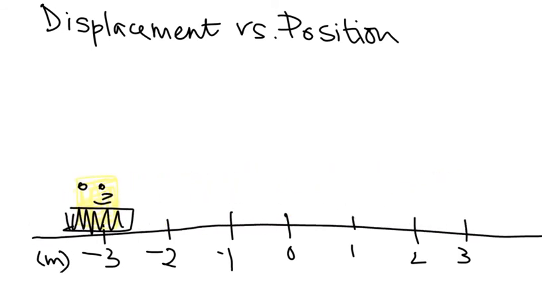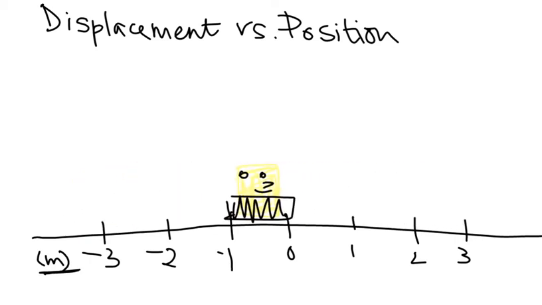And on this number line, we've designated meters, that's the M. He can move backwards and forwards, but he can't really do anything else.